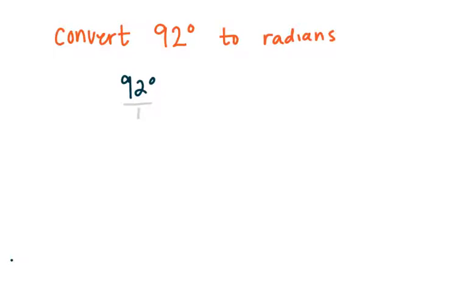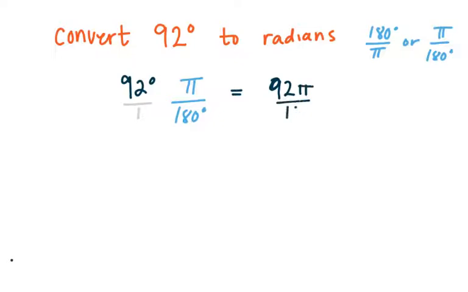We want to go to radians. We have two unit fractions. I can use 180 degrees over pi or pi over 180. Again, since I want to cancel degrees, I'm going to put that degree value on the bottom and pi on the top. So multiplying this, I've got 92 pi over 180, and that reduces to 23 pi over 45.